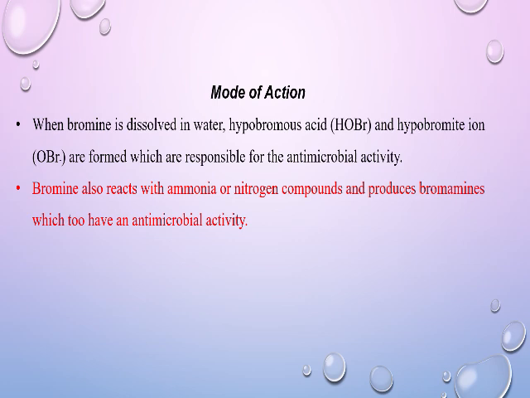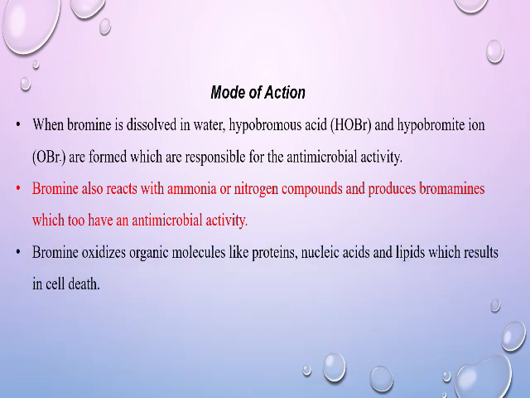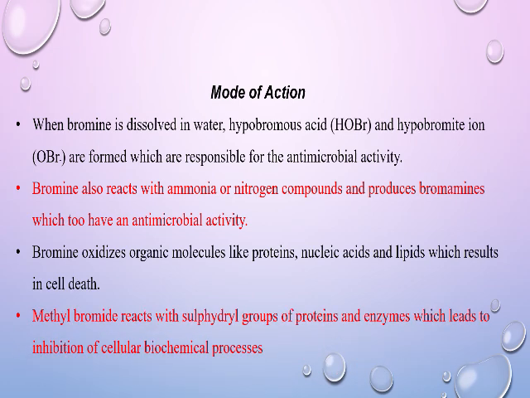Similar to other halogens, bromine oxidizes organic molecules like proteins, nucleic acids, and lipids, which results in cell death. Also, methyl bromide reacts with sulfhydryl groups of protein and enzymes, which leads to inhibition of cellular biochemical processes.